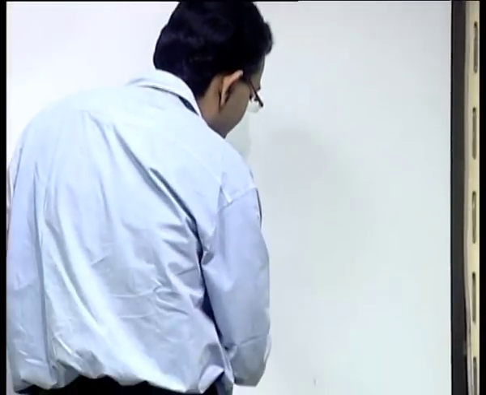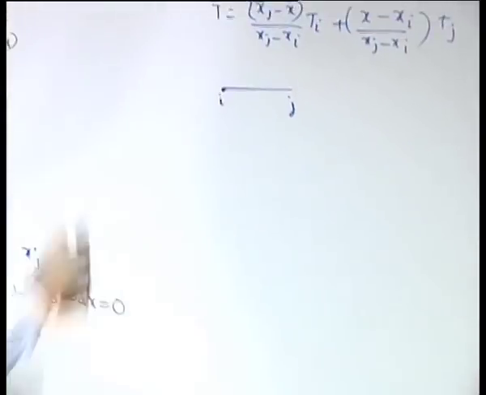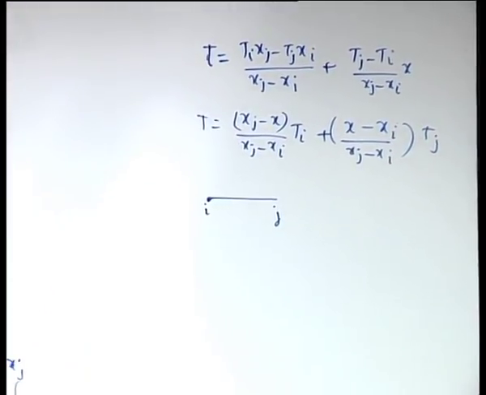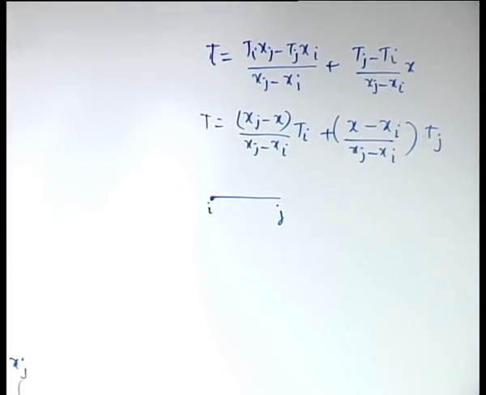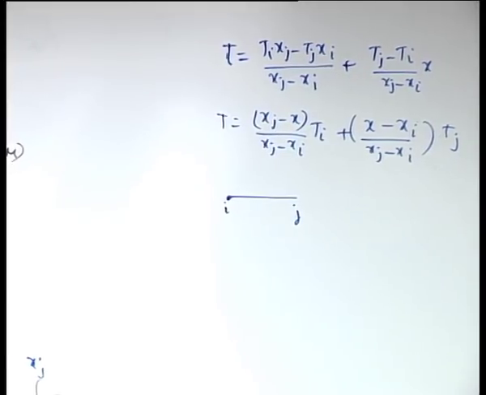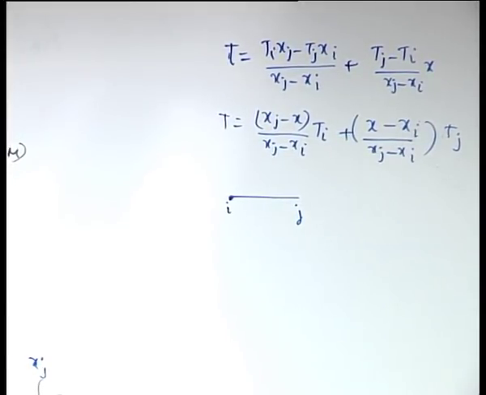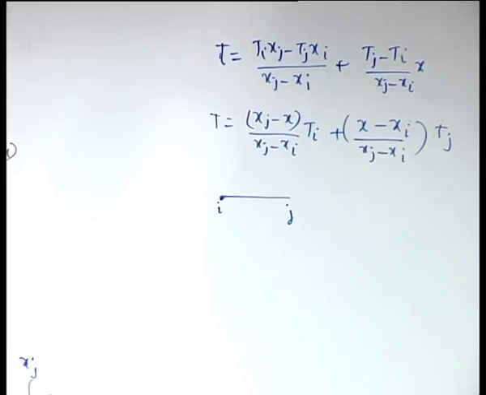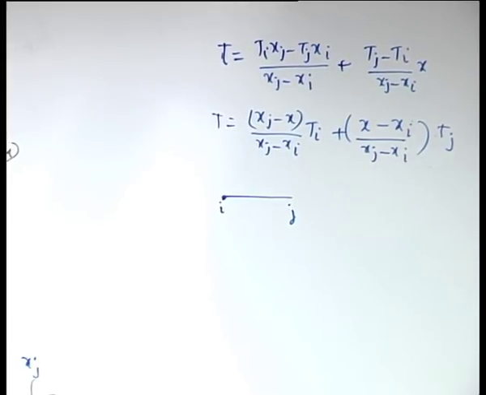So, what we have achieved by this step is that we have been successful in expressing T as a function of x and the values of T at the node points i and j.